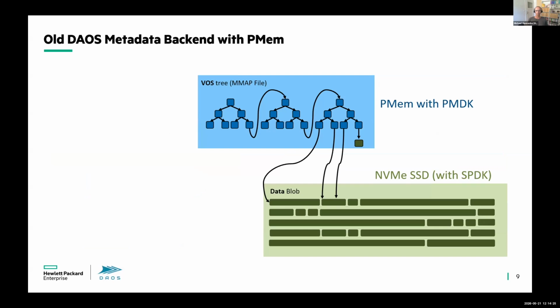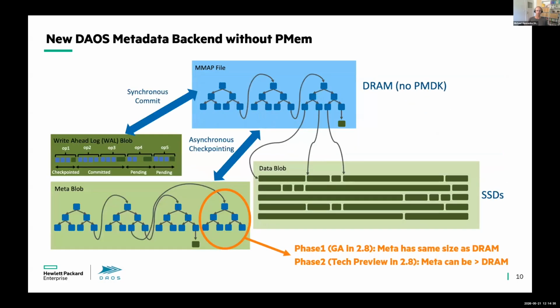This is the PMEM world, where we have the WAL files in a PMEM file system, memory mapped, and then the data blobs on SSD. When we did the first generation of what we call metadata on SSD, the blue stuff is now in DRAM. The metadata blob in phase one was exactly the size of the DRAM, as Johann already mentioned.